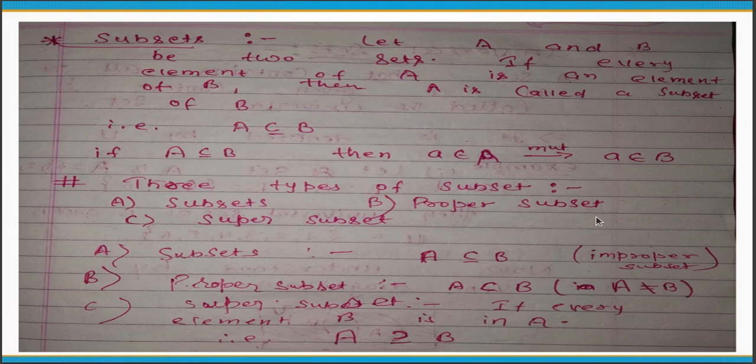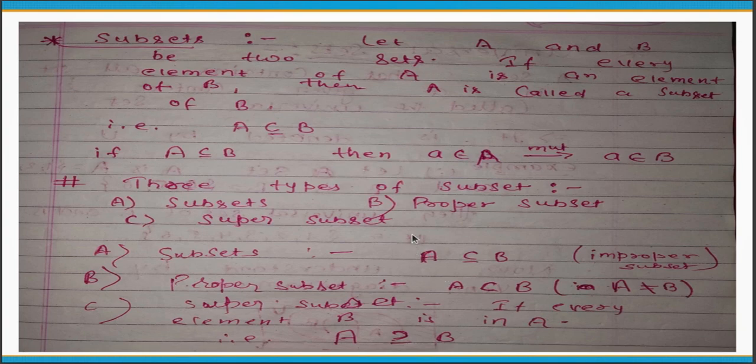There are three types of subset: subset, proper subset and superset. A is a subset of B means A may be equal to B or may not be.